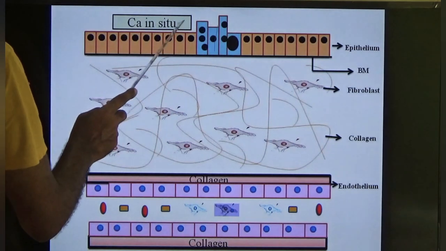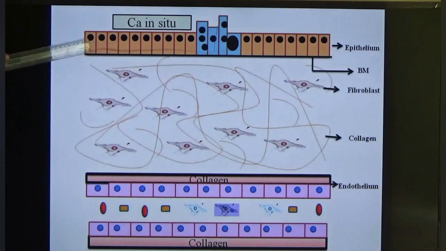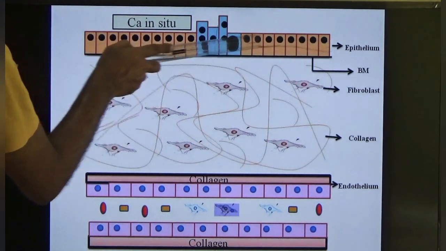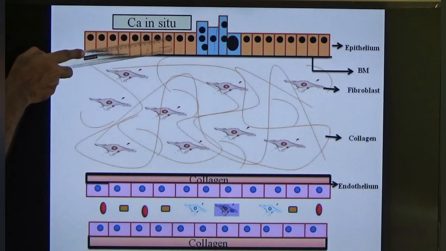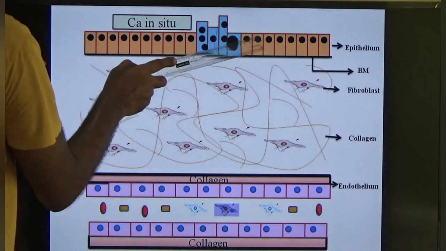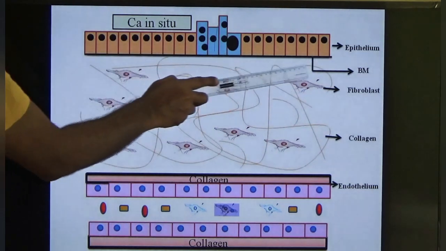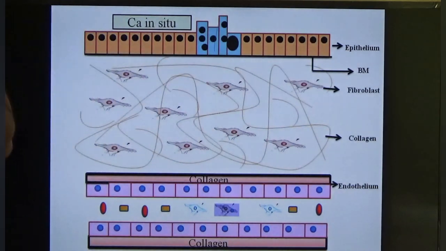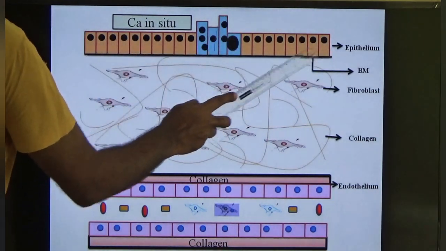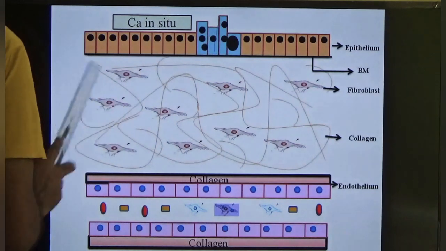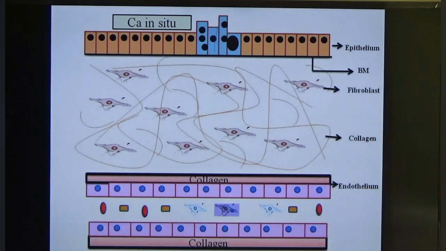Carcinoma in situ means the entire layer is involved, maybe with dysplasia or anaplasia, but it will not penetrate the basement membrane. That is carcinoma in situ, mostly happening in the epithelial layer.